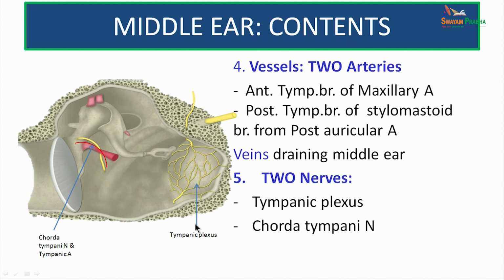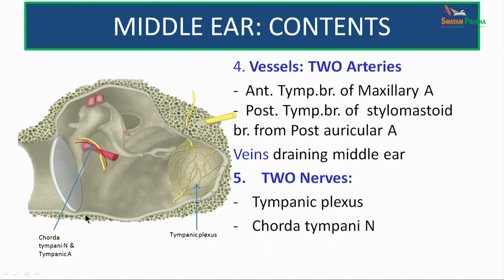We have two arteries, the anterior tympanic branch of the maxillary artery and the posterior tympanic branch of the stylomastoid coming from the posterior auricular artery. There are also veins which drain the middle ear.